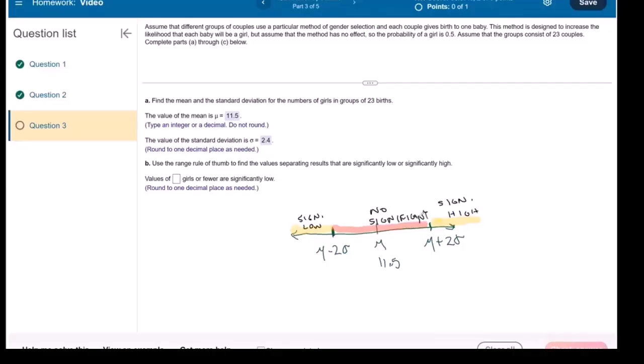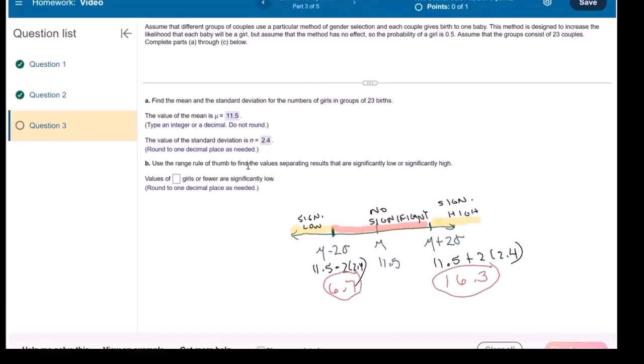Now we have to figure out what those values are. We have 11.5 plus 2 times 2.4, and here we have 11.5 minus 2 times 2.4. This is 16.3, and this is 6.7.